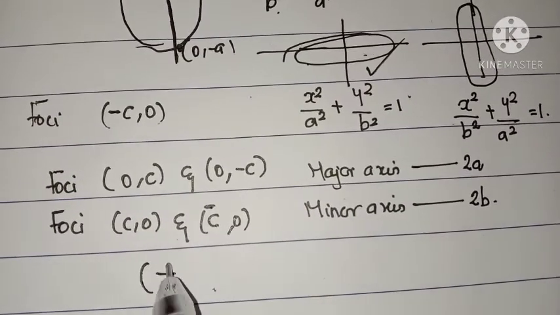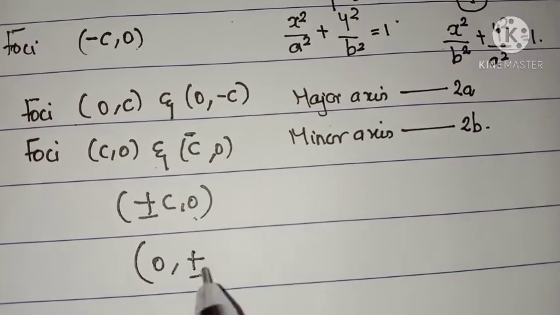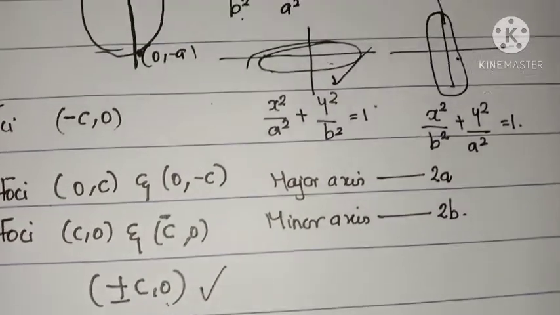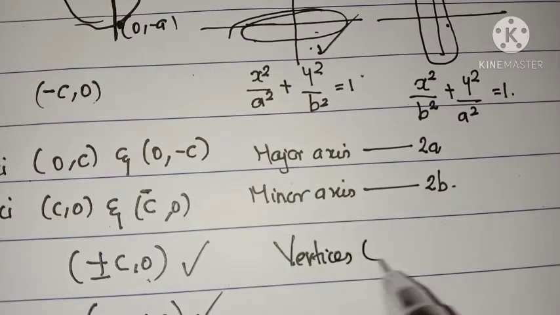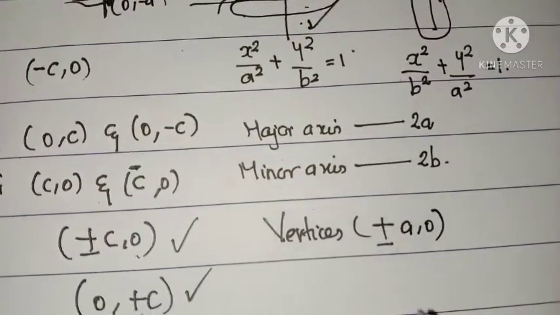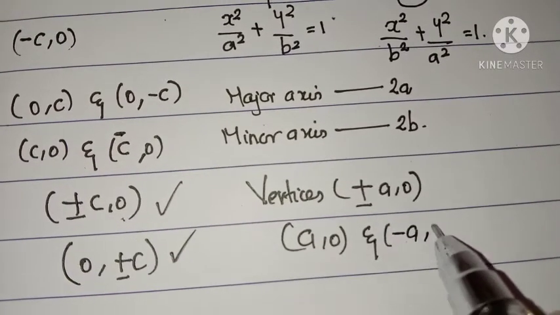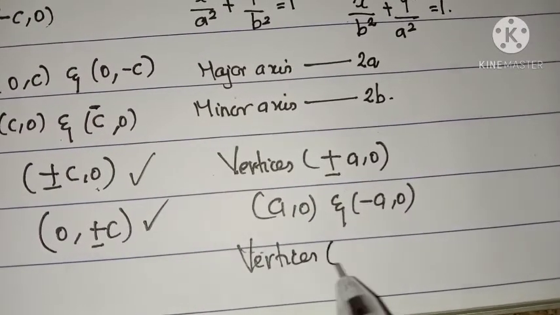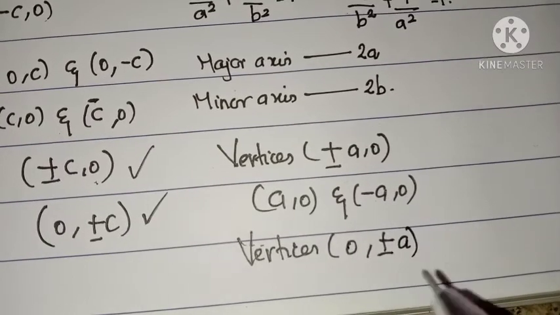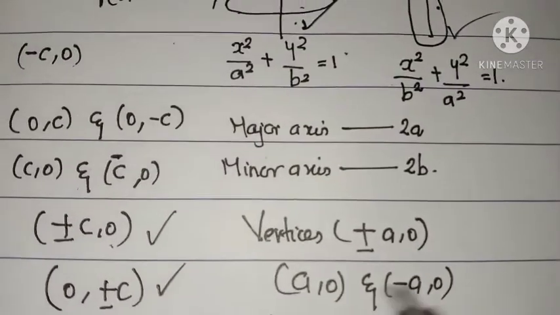Either we can write plus or minus c, 0 in this form. In the other orientation, the foci are 0, c and 0, minus c, that is 0, comma, plus or minus c. This is the difference. Now, in this orientation, the vertices are plus or minus a, 0, which means a, 0 and minus a, 0. But in the other orientation, the vertices become 0, comma, plus or minus a, that is 0, a and 0, minus a. So this is the difference.